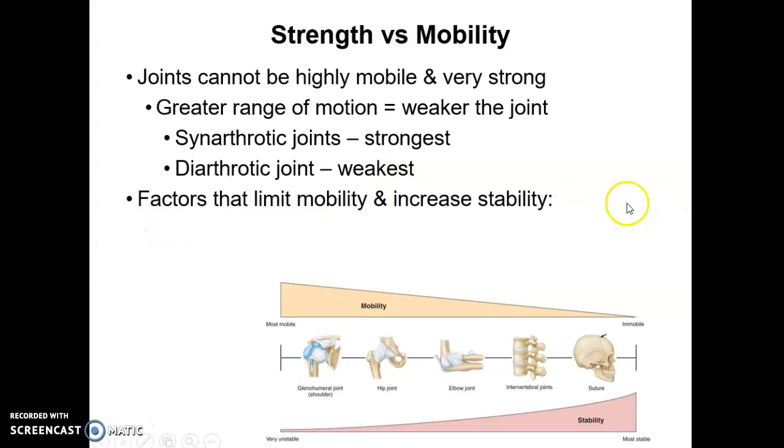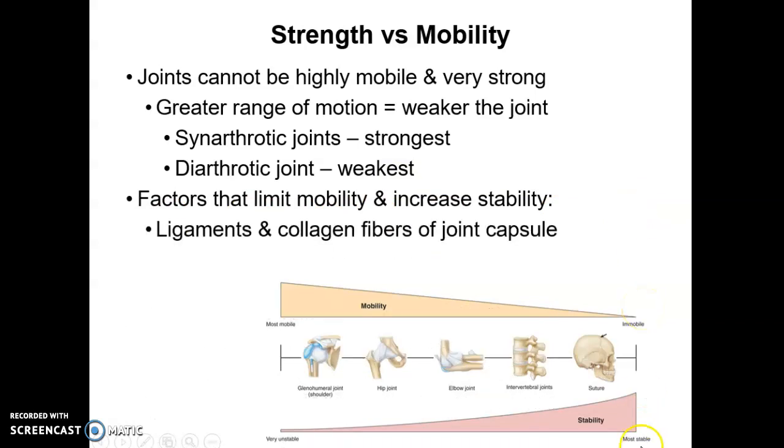And so factors that limit mobility and increase stability: ligaments and collagen fibers of a joint capsule for synovial joints. So for example, the elbow joint is more stable than the hip joint, which is more stable than the shoulder joint. Okay?